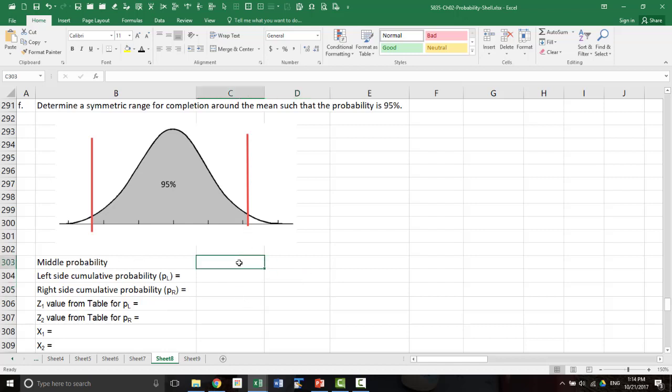So the middle probability is 95%, right? So the left side will be half of what is outside. So 1 minus that, so that's outside, right? But this will be only half of that. So that one corresponds with the left side.